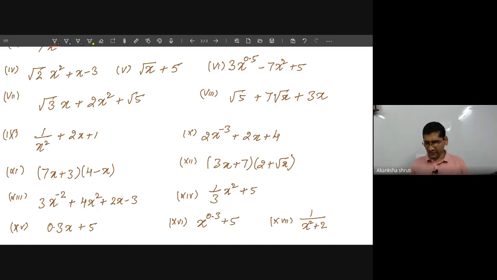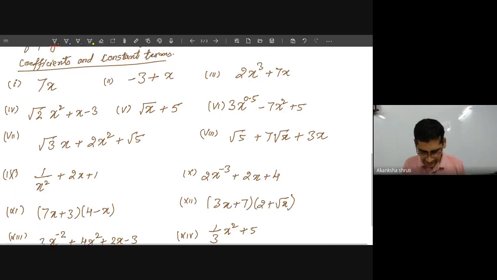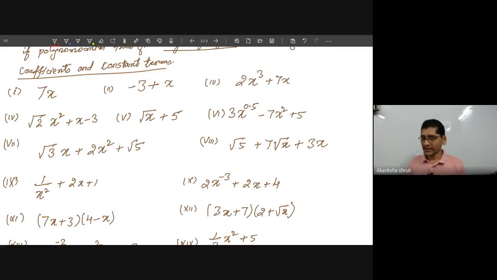So which of these are polynomials? Student, I will explain some of them, and the remaining you can answer very easily. Student, what are the types of polynomial? Without knowing that, we just want to know whether it is a polynomial or not.